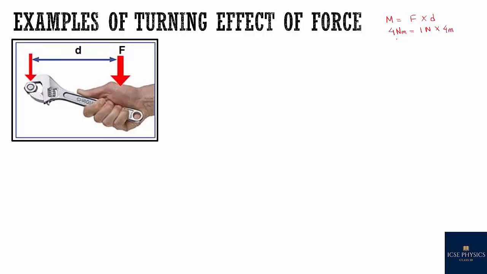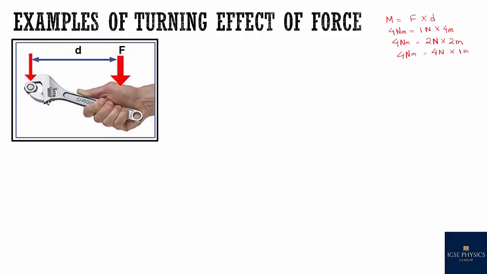If the same 4 Newton meter stays, I can write it as 2 Newton into 2 meter, or 4 Newton meter can also be written as 4 Newton force into 1 meter distance.